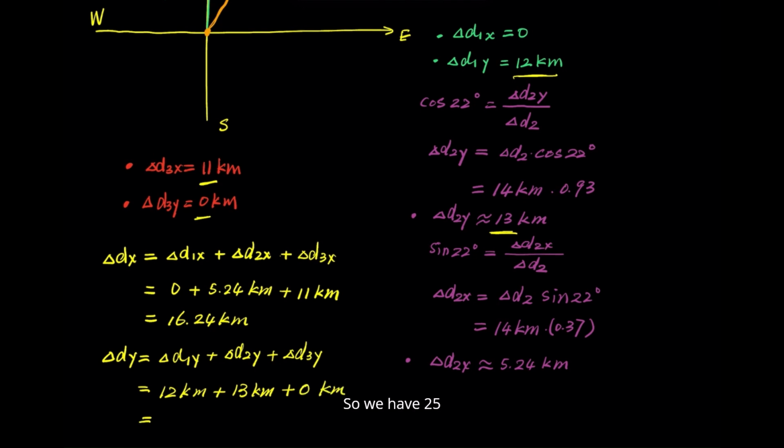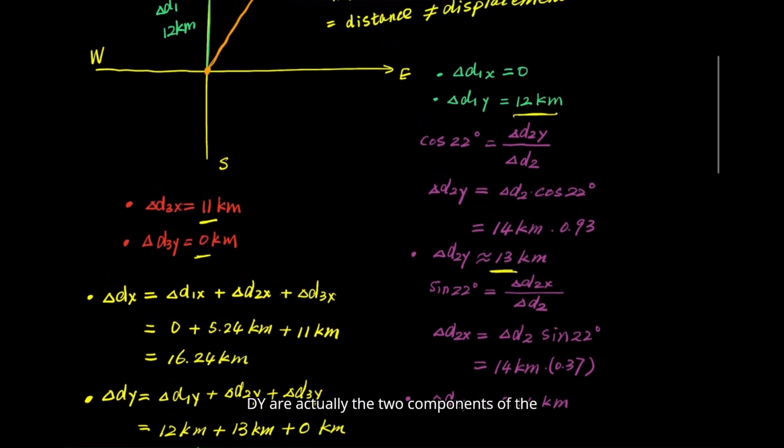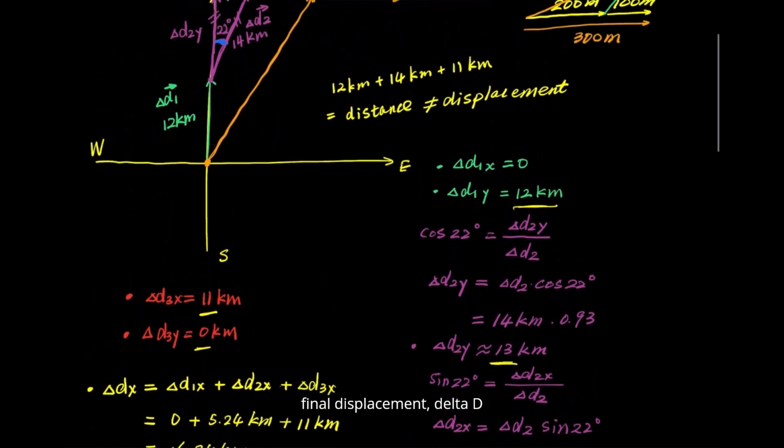So we have 25 kilometers. So now these two values, delta dx and delta dy, are actually the two components of the final displacement, delta d.